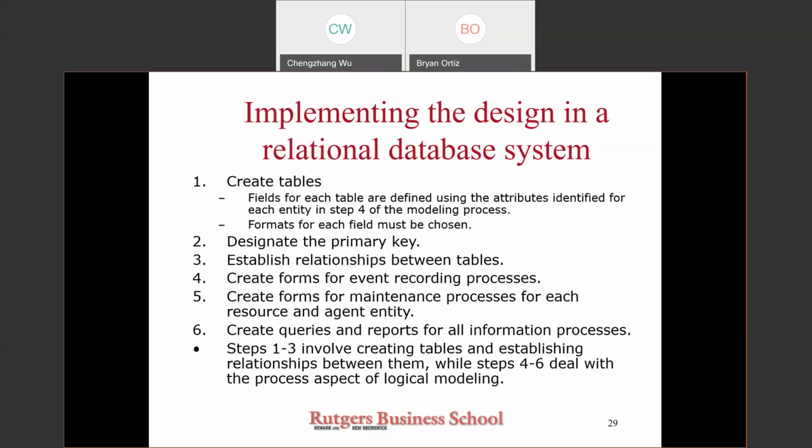Step 3, establish relationships between tables. In Access, all tables must be added to the relationships window. The EER diagram oriented methodology essentially spells out the relationships that need to be established between tables.